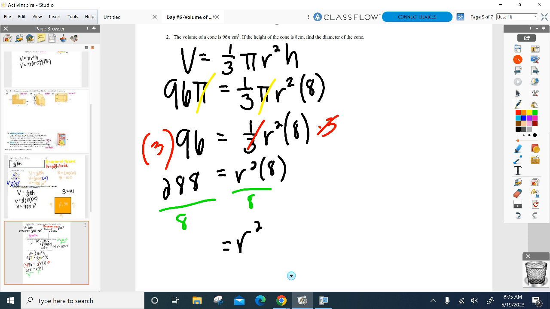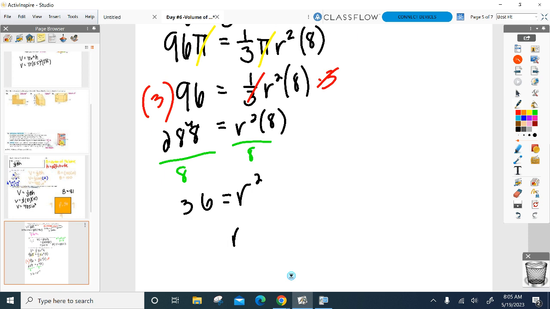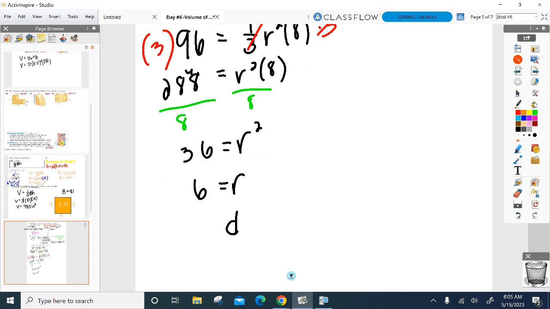Okay, what's that going to be here? That goes in 3 times with 4 remaining. 8 and the 48, 6. All right, so R equals 6, and you guys got the diameter. 12. Whew.